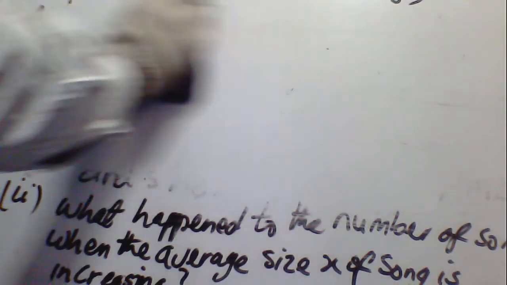The first thing to do is to create a table of values for x and y. That is, y is the number of songs that can be stored, and x is the average size of the song in megabytes that can accommodate the given songs.